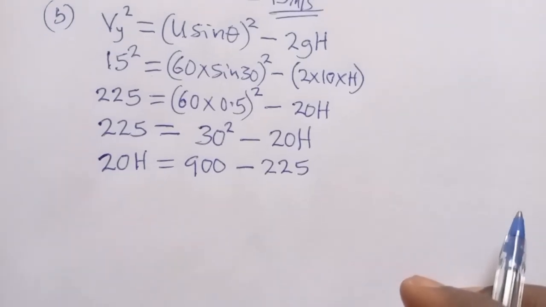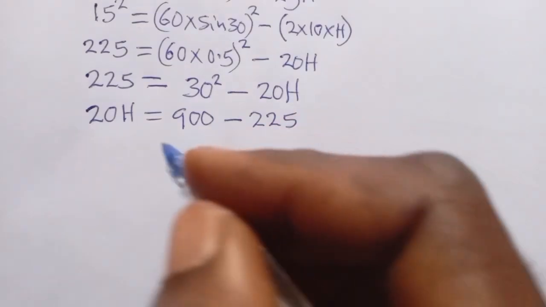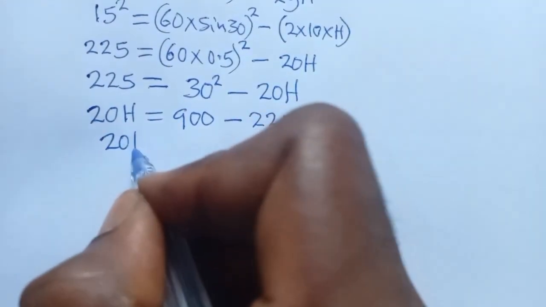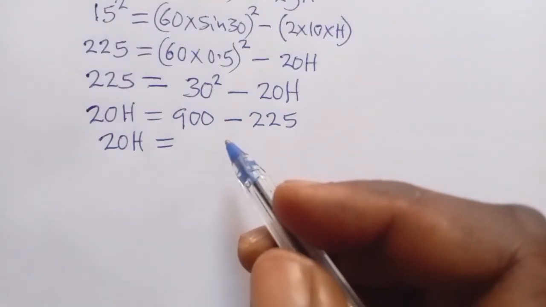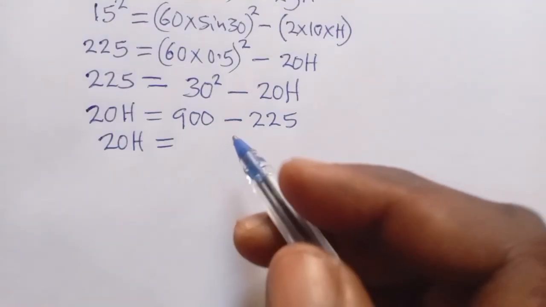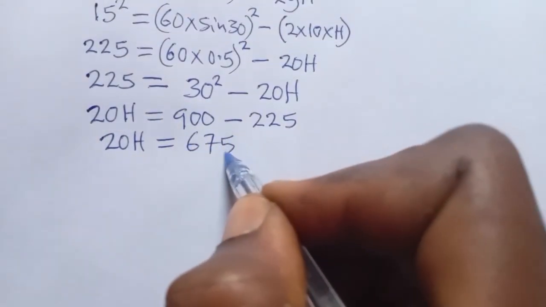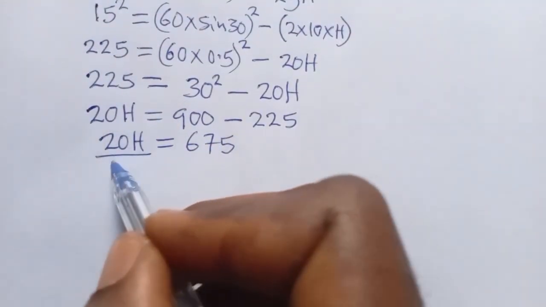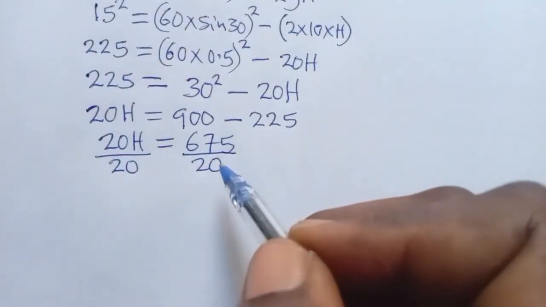And so we can go on here and simplify further as 20h is equal to 900 minus 225 will give us 675. And then I divide both sides by 20.